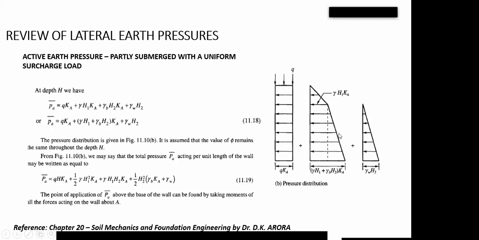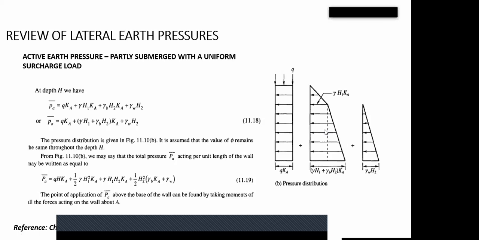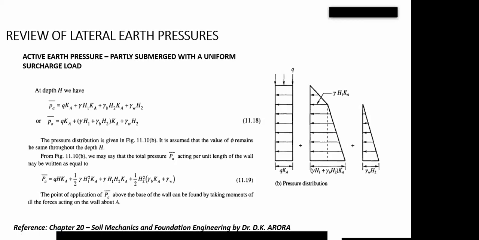All right, fantastic. Since you want me to, I'll explain it, though it's not the core content. In this particular diagram, this is for the soil and this last one is for water, so you know water is triangular. But the soil is partly submerged, which implies that some parts of the soil are inside water, while some parts are above the water.